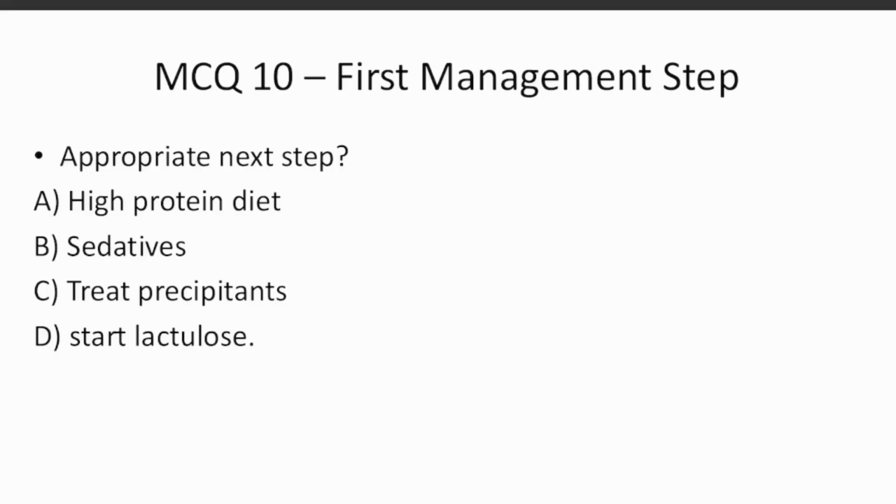Now, what is the first line management? Sedatives should not be given. A high protein diet is not a treatment. Treat the precipitating factors. Start lactulose. These are the two initial management steps.